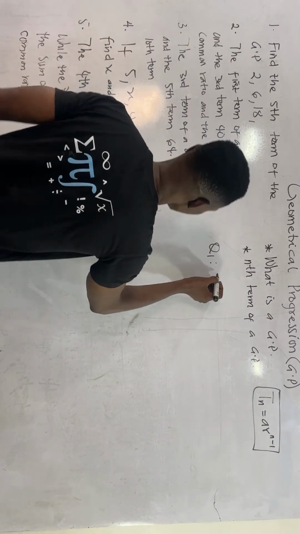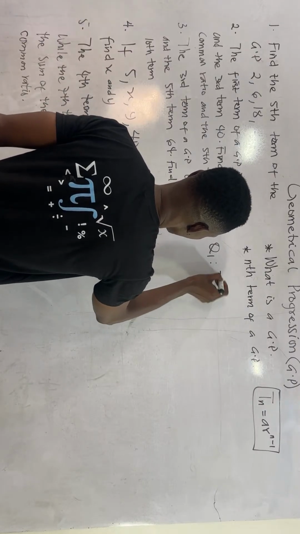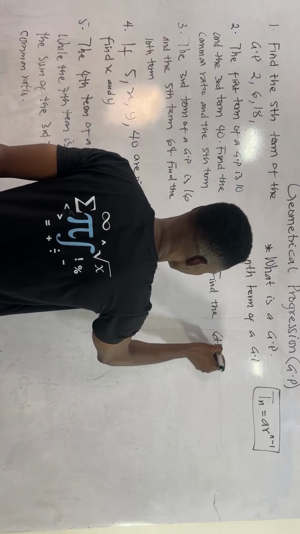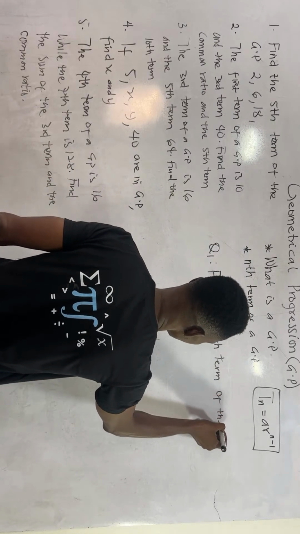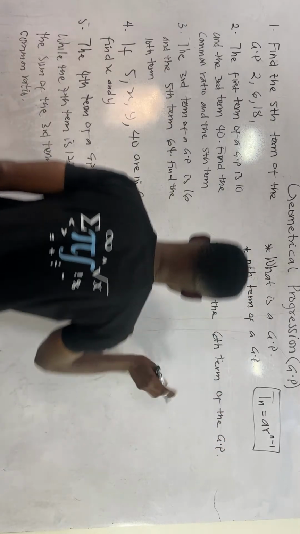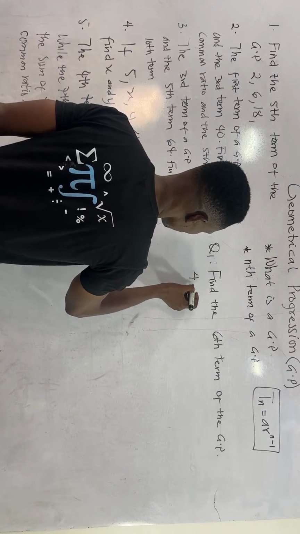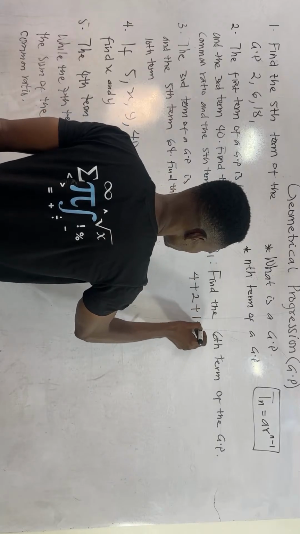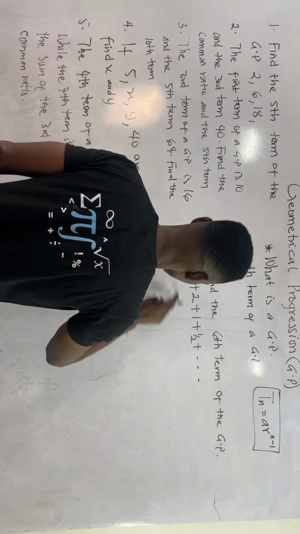It says find the sixth term of the GP. So I'm giving you the GP now. It is 4 plus 2 plus 1 plus 1 over 2 plus.